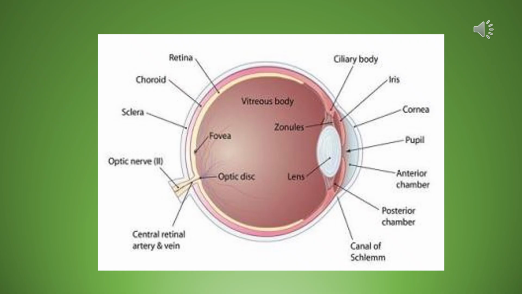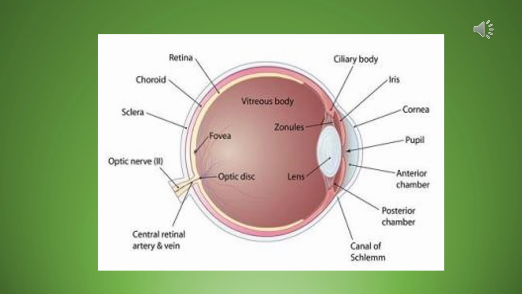So the first layer that we come to is the layer of rods and cones. We call that the retina. External to that is the vascular layer called the choroid, and surrounding that is the outermost layer, the sclera, which is one and the same with the cornea.